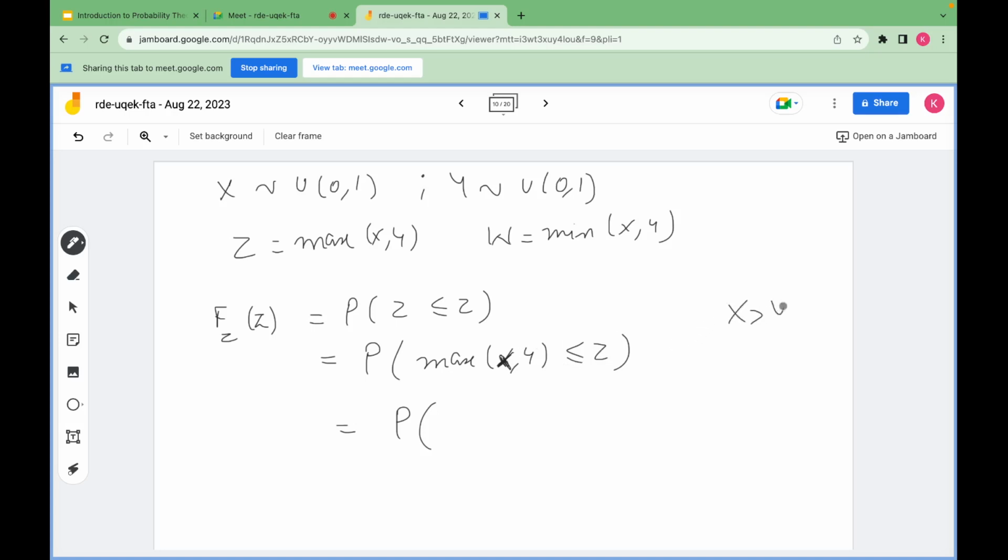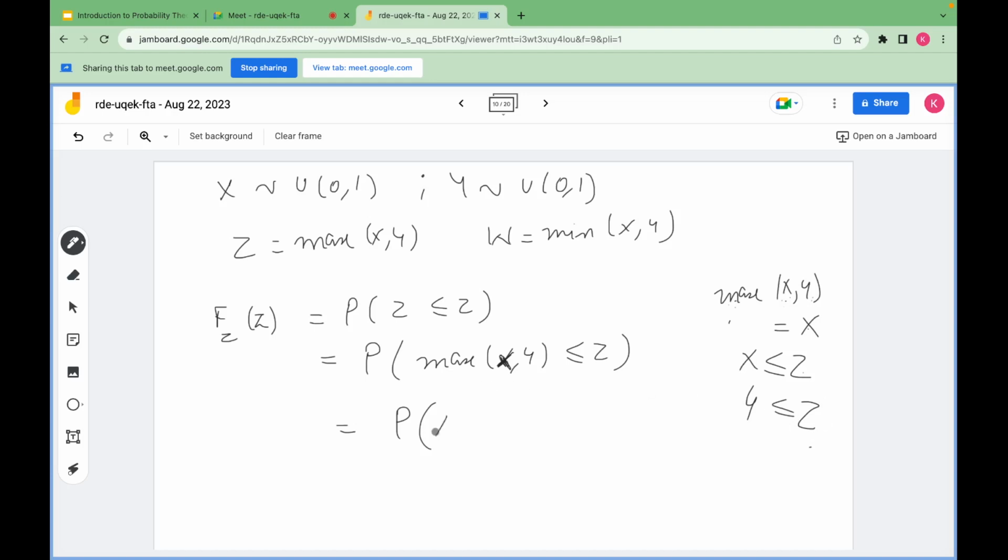suppose the maximum of x comma y is x. If x is less than z, then this means that y is also less than z, because the maximum between x and y is x. So if the maximum is less than something, then the number which is lesser than that is also less than that number.